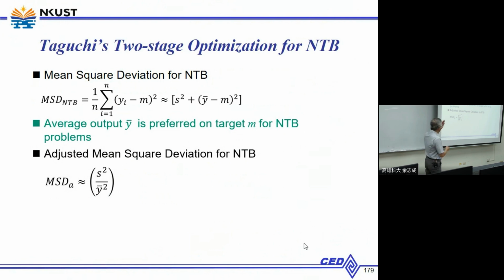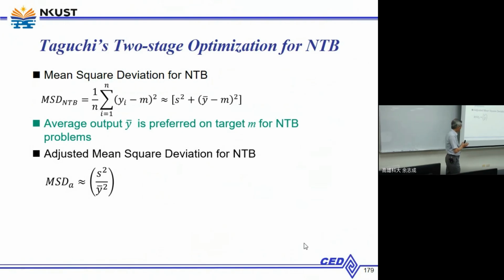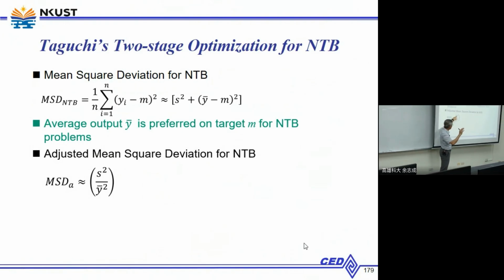However, when we move this average value to the target, we need to make sure that our SN ratio will remain the same. In nominal the best, if we want to adjust the value using the scaling factor, as I mentioned before, that scaling factor has a property that when we move that factor, the output standard deviation and output mean will remain constant.